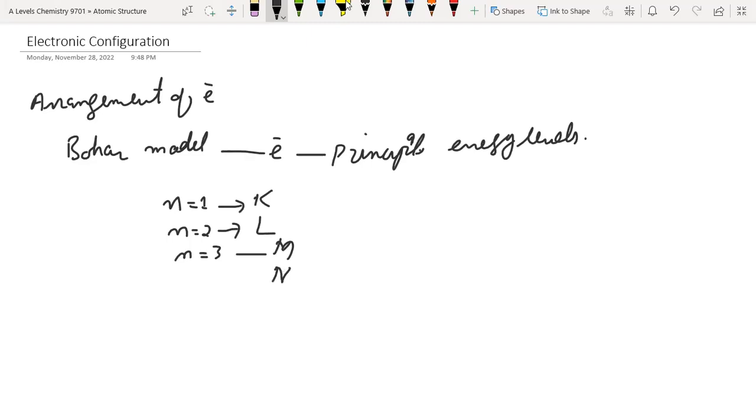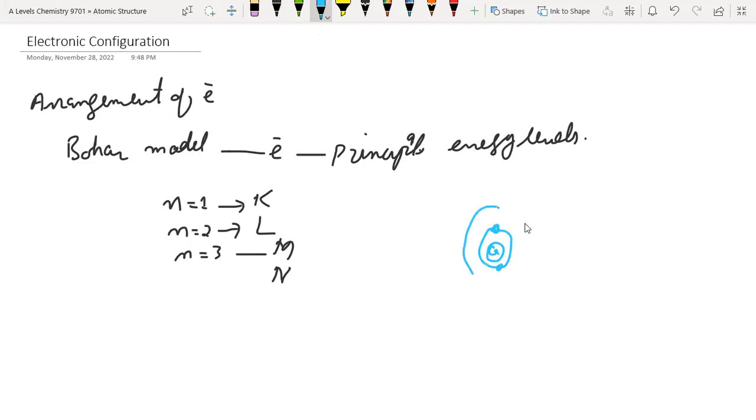Bohr atomic model explains that the further away the electron is from the nucleus, the more energy it has. Let us discuss the example of calcium. This is the calcium nucleus. Its first shell has 2 electrons.